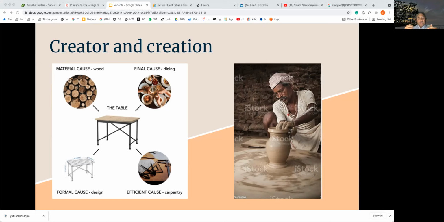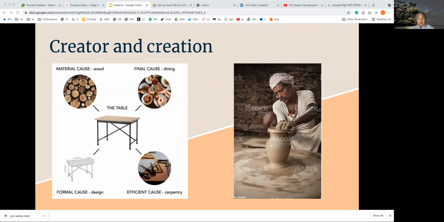So how is creation taking place? Assuming that there is a creator and then there is a creation, the creator uses some material and his thinking to create, and putting those two together, you end up getting a creation.